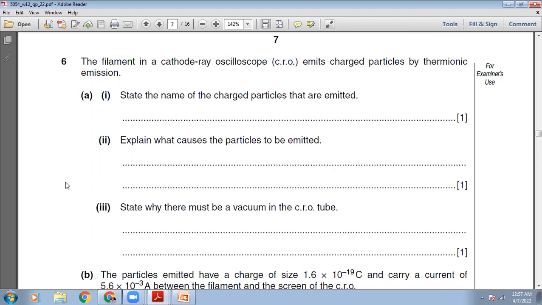You see, when you heat, what happens? The atoms start vibrating vigorously and at a faster rate. So when they collide with each other, they knock out electrons from each other, and the electrons are freed and they go into the air.